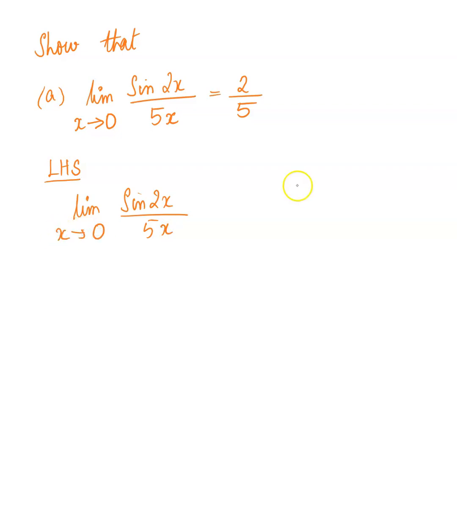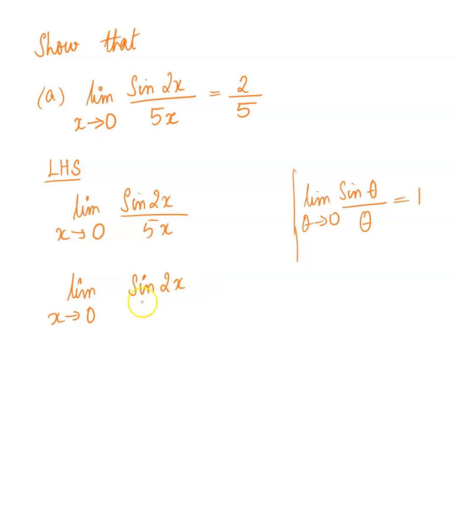And we want to recall that limit sine theta, where theta is some angle, over that same angle theta as theta approaches 0 is 1. We just established that. So if I can get sine 2x over 2x, then we know that that's going to be 1. So I'm going to do a little manipulation here and multiply up and down by 2x.